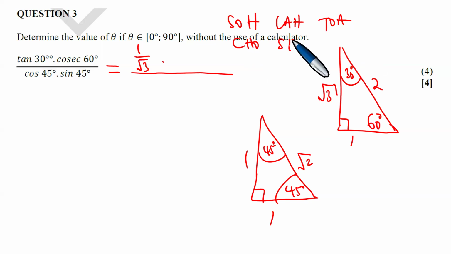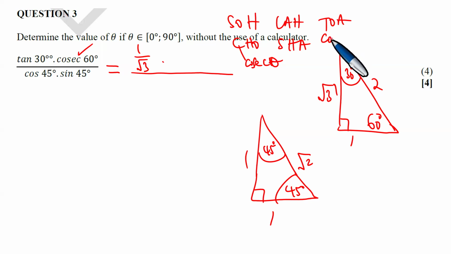Yeah, this one is cosec. Opposite over adjacent. Yes. Now we need to realize that cosecant is this one. Cosecant theta is the opposite, the reciprocal of sine.